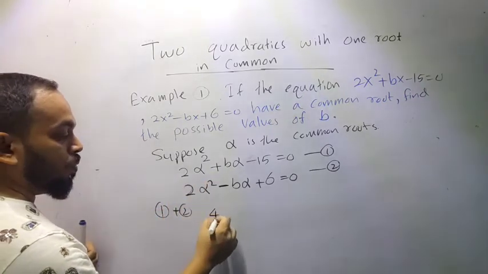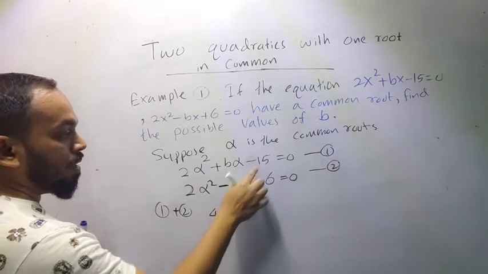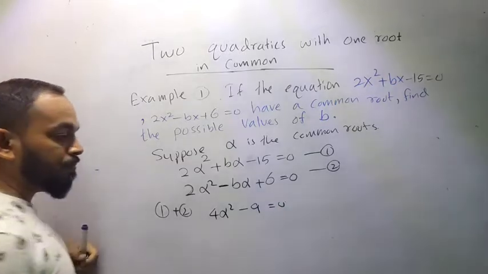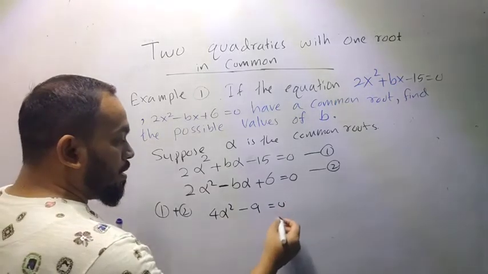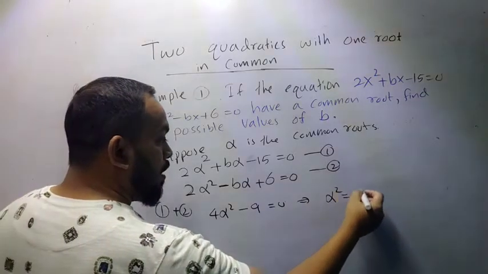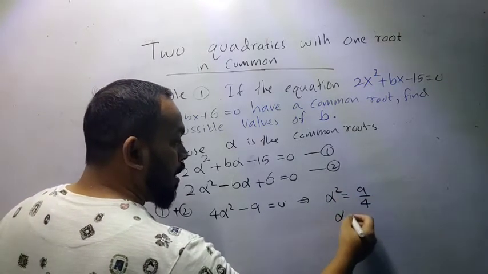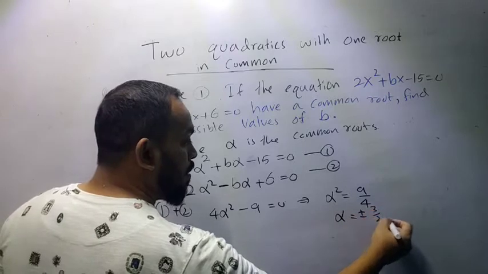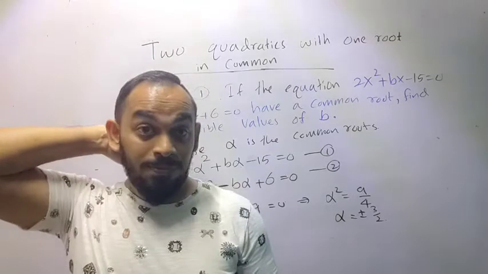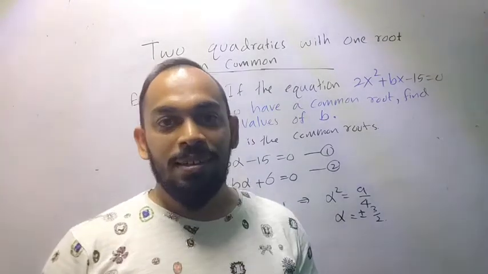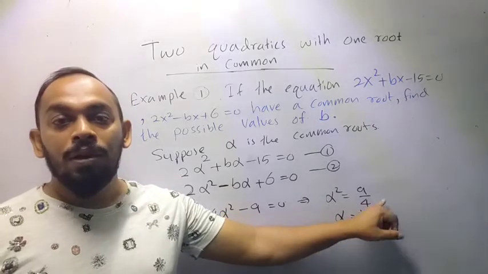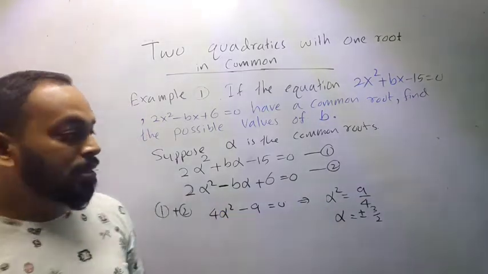This 2 would be 4 alpha squared, and this would be minus 9 equals 0. So this implies alpha squared equals 9 by 4 and alpha equals plus or minus 3 by 2. So we have two values for alpha, one being 3 by 2, the other being minus 3 by 2.